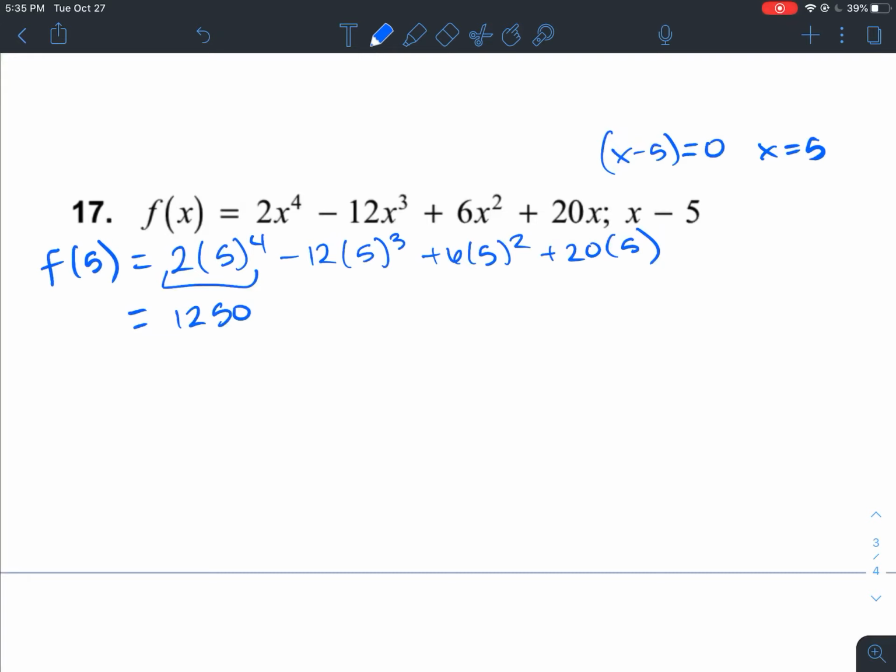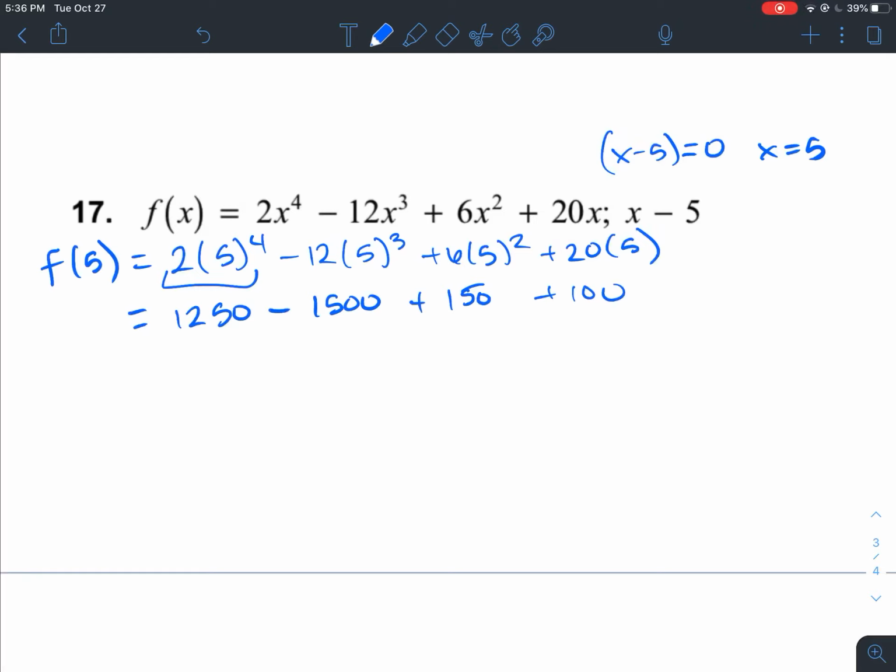Now the next term is minus, and 5 times 5 times 5. So 5 cubed is 125, and if I multiply that by 12, I get 1500. 5 squared is 25, so 25 times 6 is 150, and then 20 times 5 is 100.